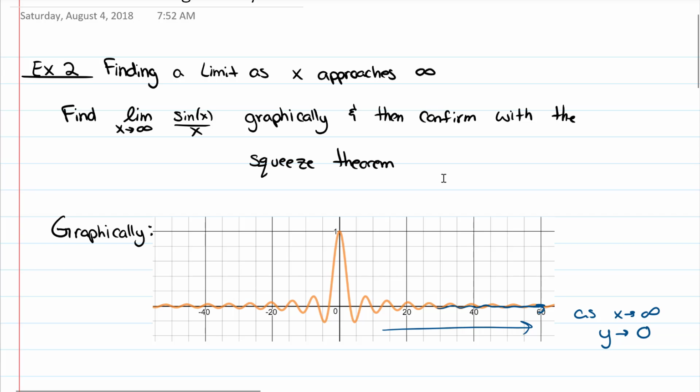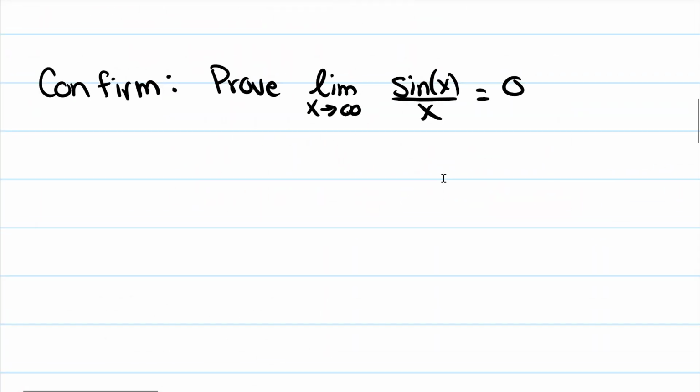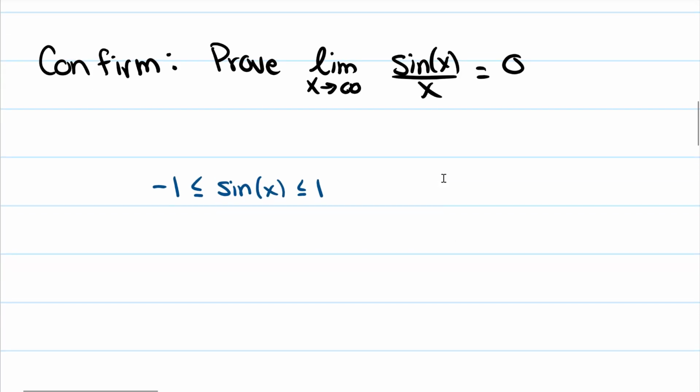Now we're going to prove this using the squeeze theorem. So we want to prove that the limit as x approaches infinity of sine of x divided by x is equal to 0. When we use the squeeze theorem, the first thing that we do is bound it between two numbers. So I'm going to say that sine of x is bounded between negative 1 and 1. Now the next thing I need to do is make these functions match.